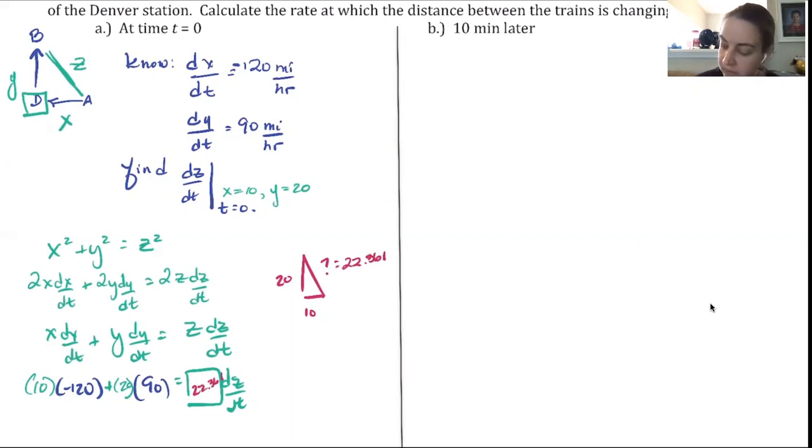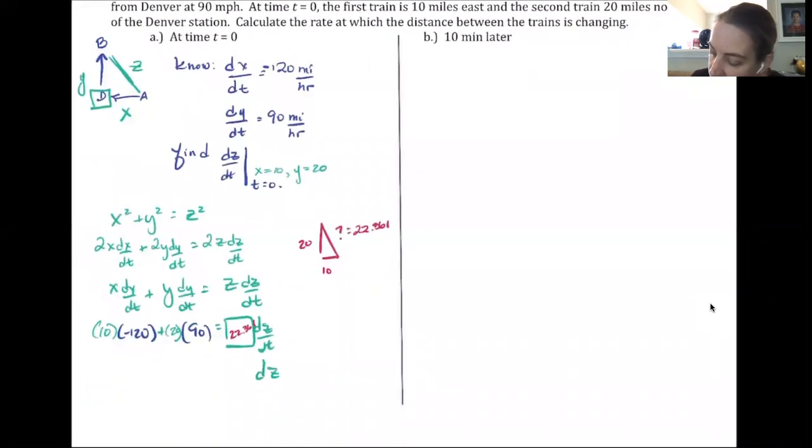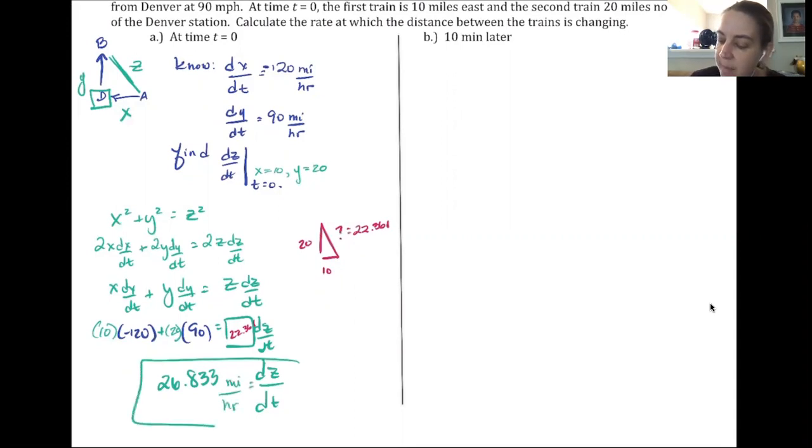So I have 26.83. So dz dt is 26.833, and we are in miles per hour. So that's how fast the hypotenuse is changing at time equals 0.